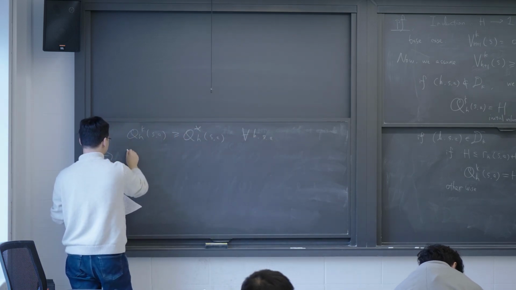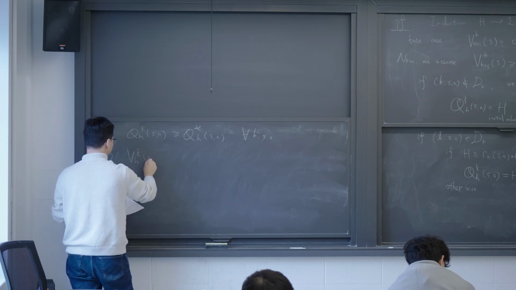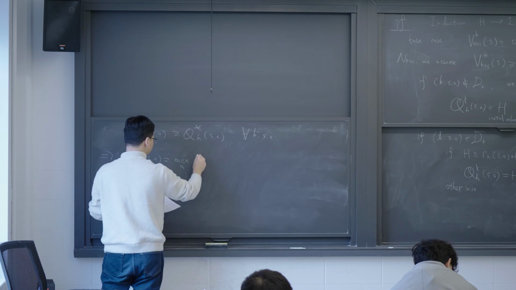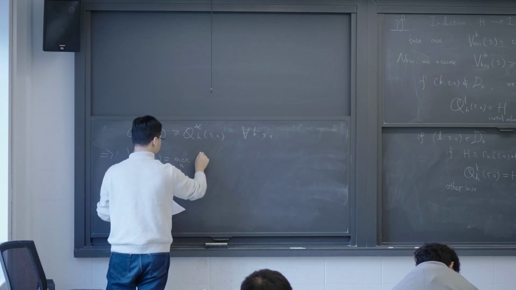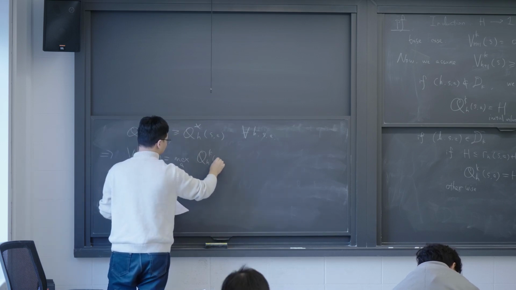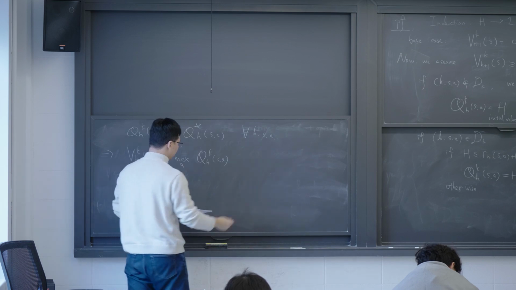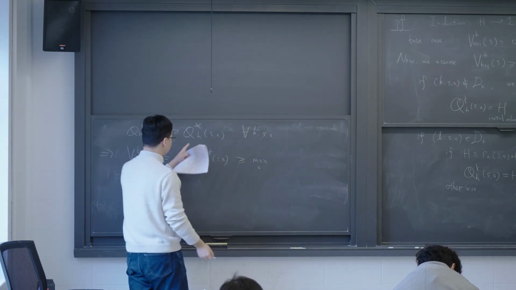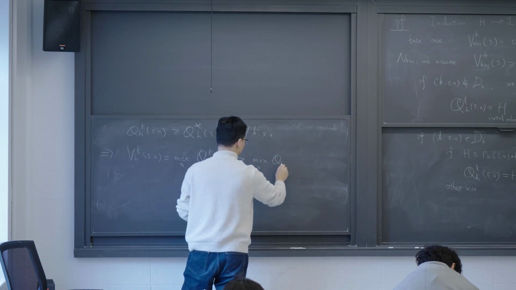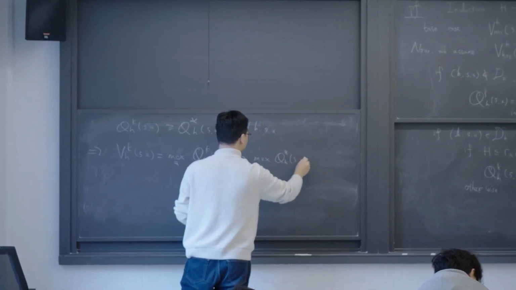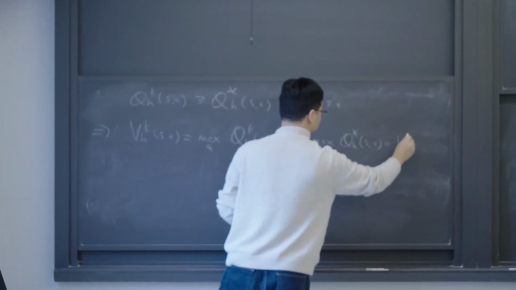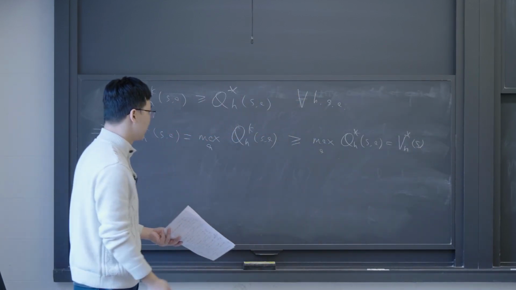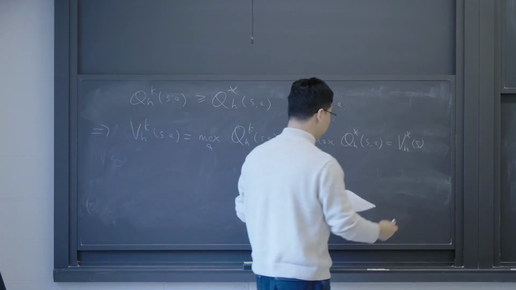This implies that V_h^k(s) is equal to the max over a of Q_h^k(s,a), and this is greater or equal to, taking the max over the lower bound, Q*_h(s,a), which is equal to V*_h(s). So essentially, we can use this to finish the induction, and everything is done.